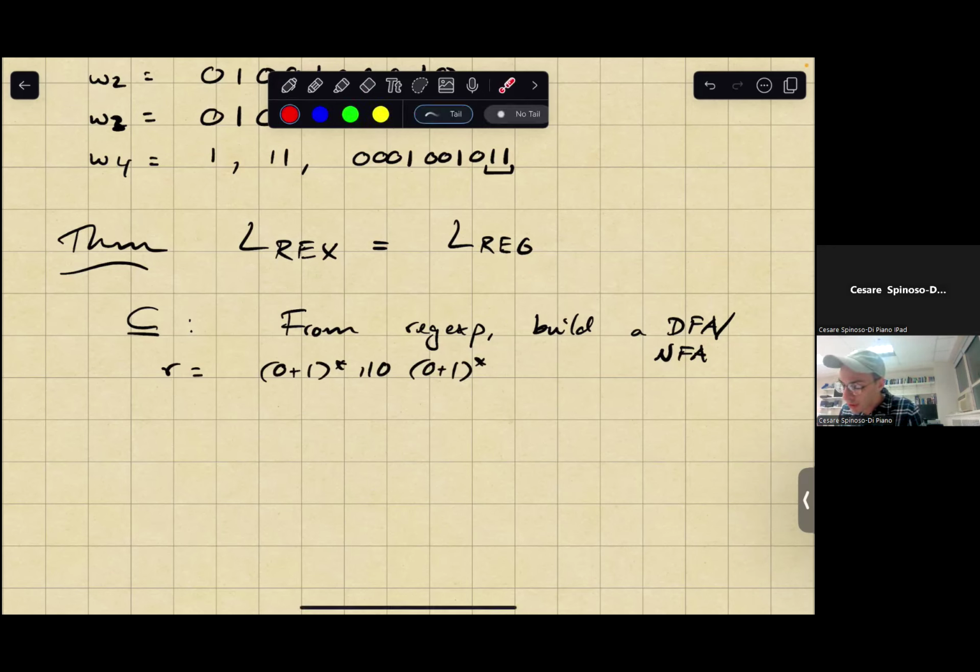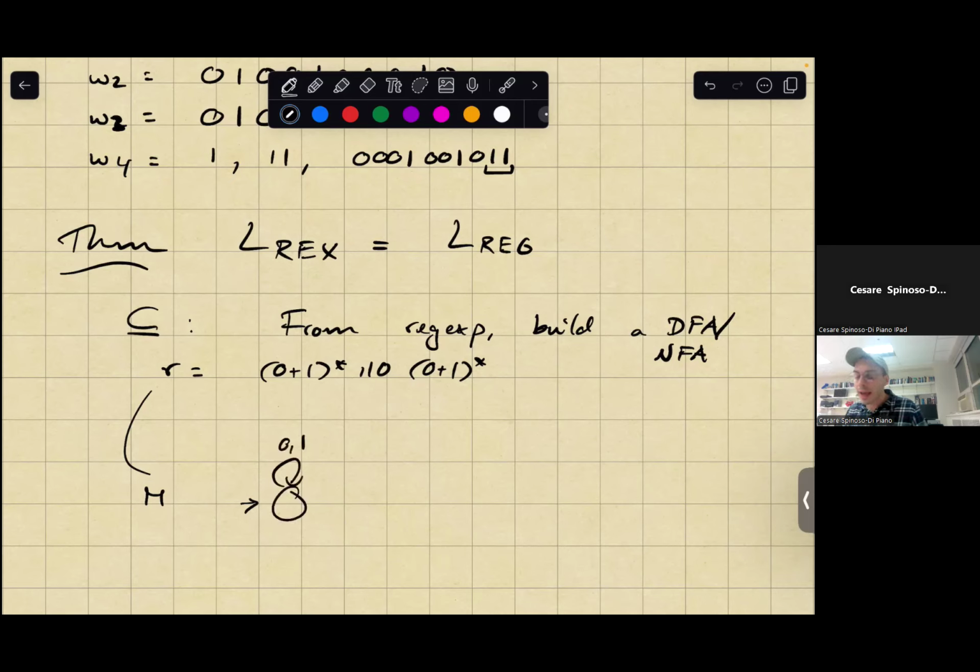So the logic is that strings in the equivalent FA should start with any number of zeros or ones. So what does that normally look like? Well, that's any number of zeros or ones, right? Then it's 1, 1, 0, right?